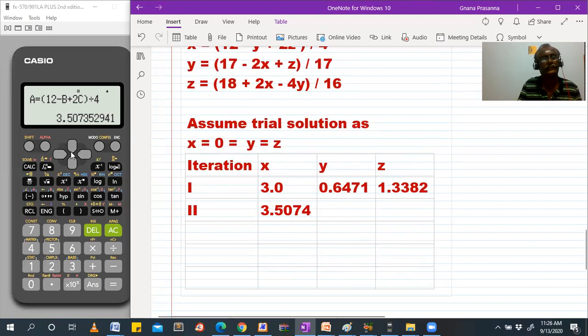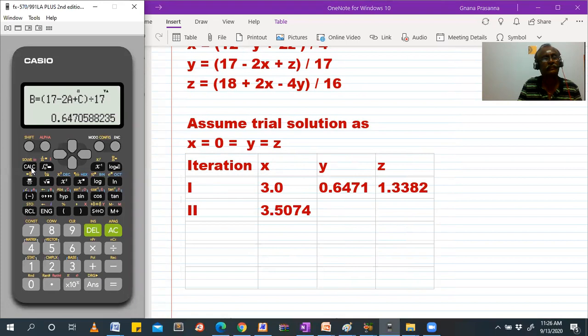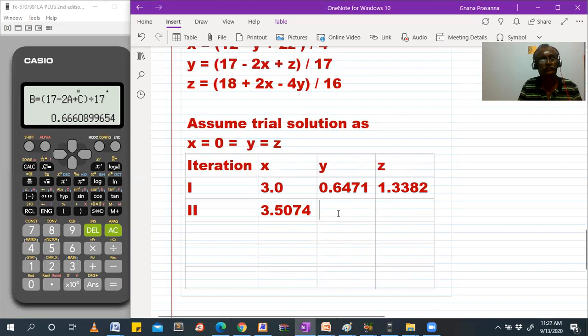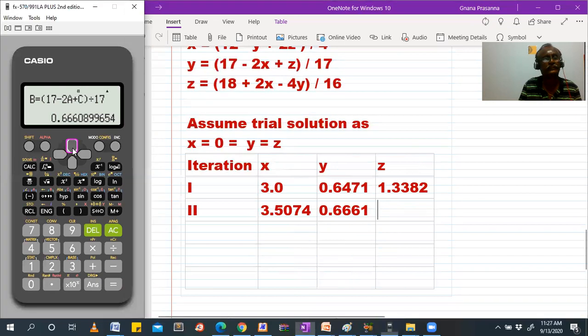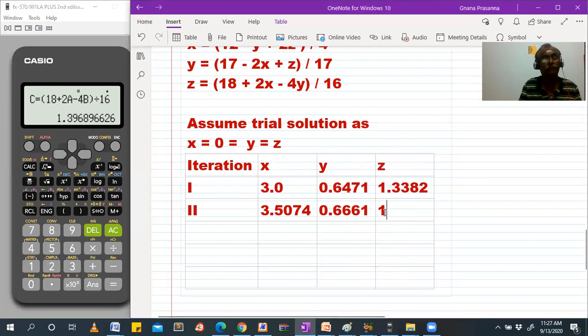Next, you take the second equation B; A is the new value. You press equal to itself, it is enough. 0.6661. Next to find C, calc, equal to, it is 1.3969.